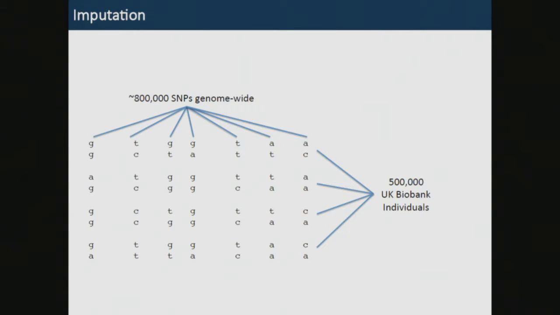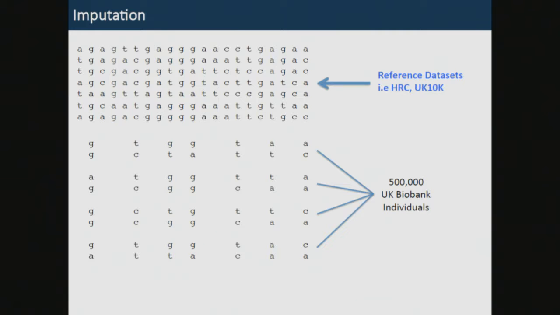But we also, in the human genetics community, have other genetic databases. So, for example, there are databases from the UK 10K project and the Haplotype Reference Consortium that contain many fewer individuals, but at a much denser set of positions. And so why is that of value?